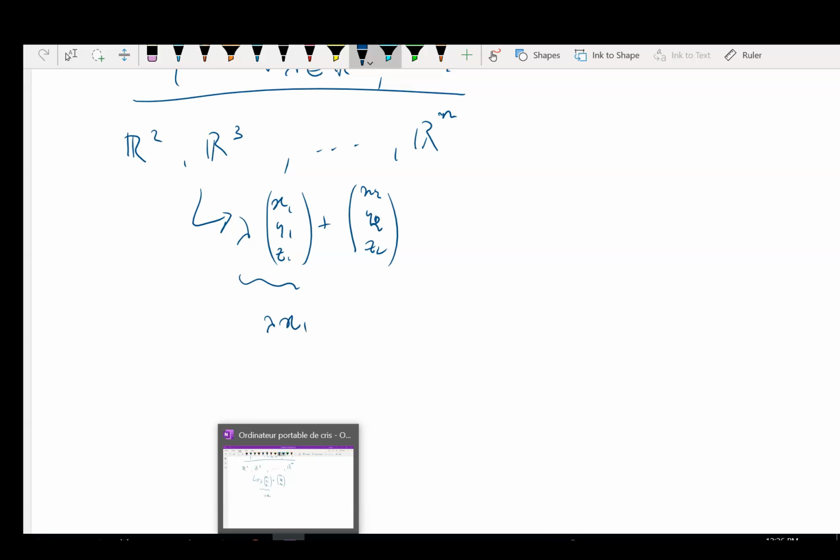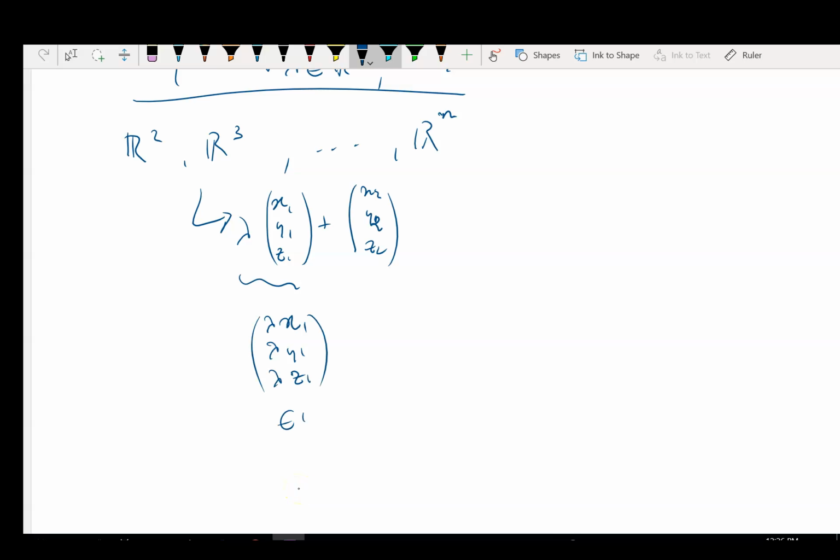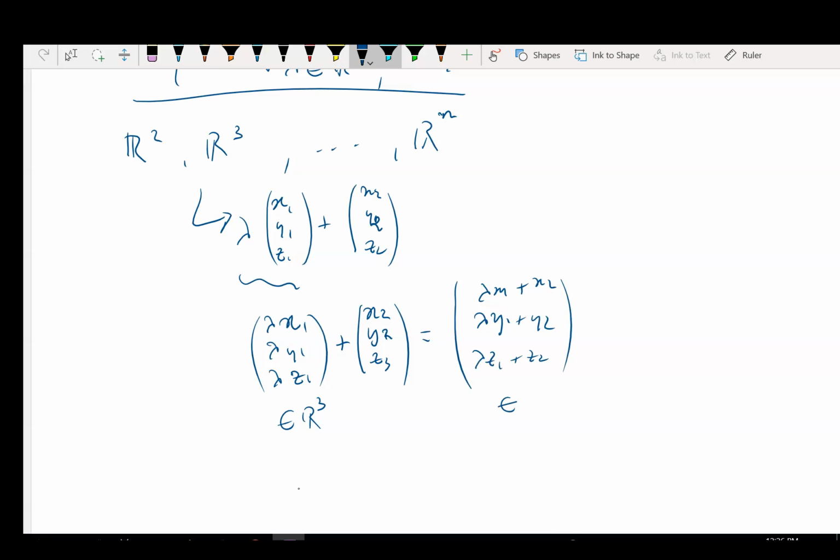So you get lambda x1, lambda y1, lambda z1. That is still a vector in R3. And you can add it with another vector in R3. That gives you the vector with components lambda x1 plus x2, lambda y1 plus y2, lambda z1 plus z2. That is still an element of R3.